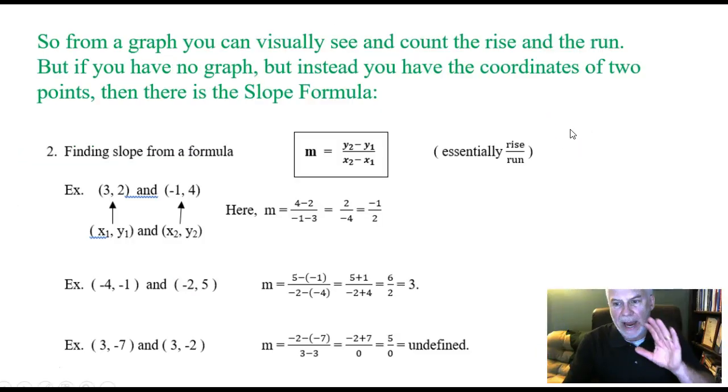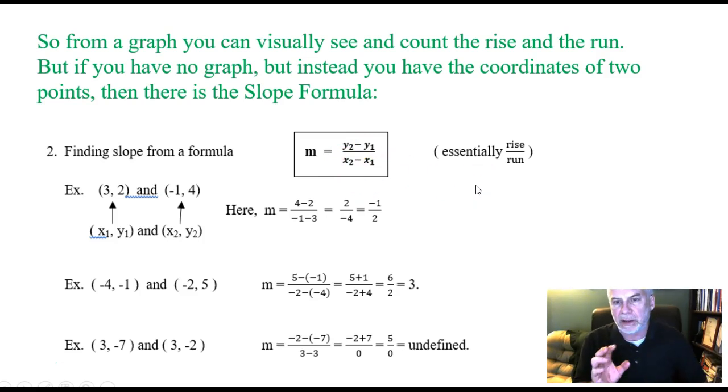So when you have a graph, you can visually see and count the rise and the run. But if you have no graph, but instead you just have the coordinates of 2 points, then we would use what's called the slope formula. So the slope formula says m, the slope, is y2 minus y1 over x2 minus x1.